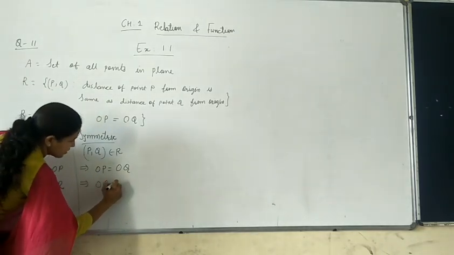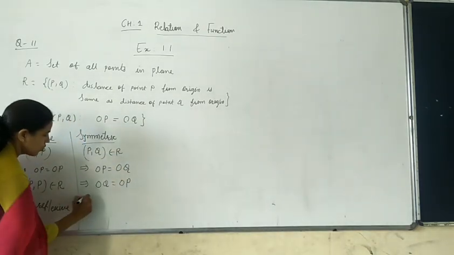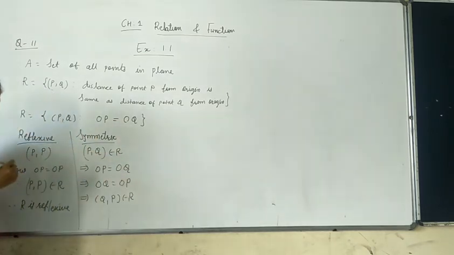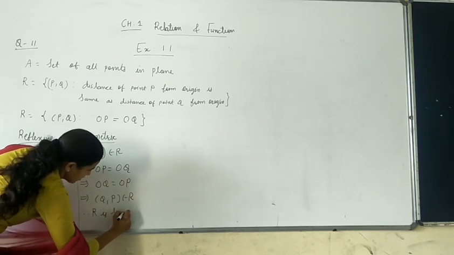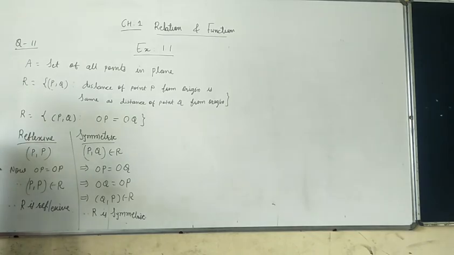Then it is obvious that OQ is equal to OP. So (Q, P) also belongs to R, and therefore R is symmetric.